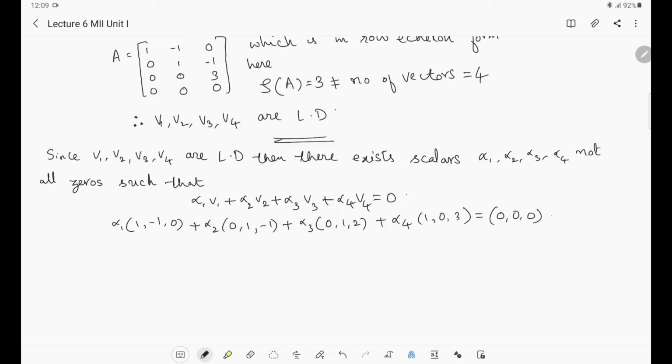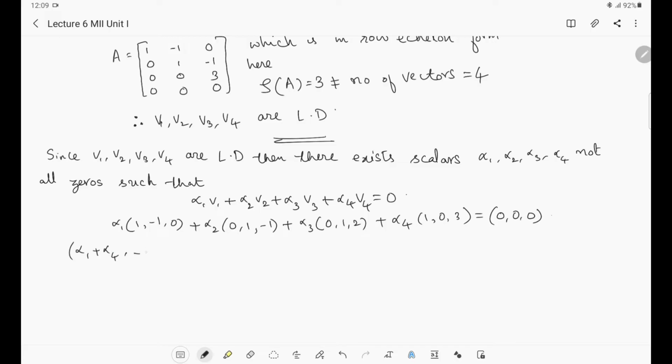Now we will collect the first coordinate, then the second coordinate, then the third coordinate. The first coordinate will be alpha 1 plus 0 plus alpha 4.